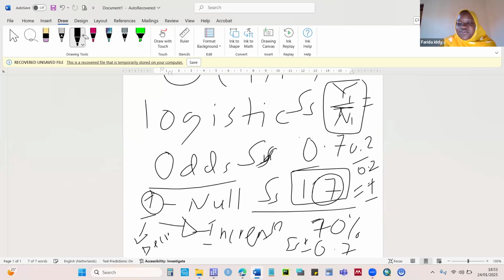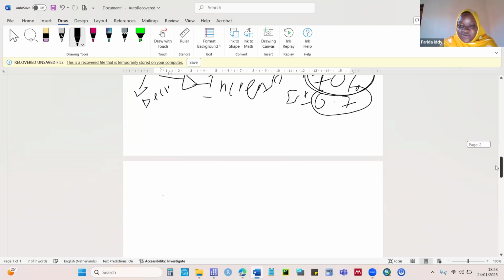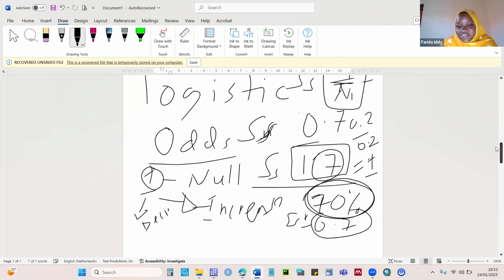If you tell someone 0.7, it might be misunderstood, but if you say 70%, it is easier to understand as a percentage than as a decimal. So this is how logistic regression is interpreted, and it is also judged by 0.05 for whether it is significant or not.